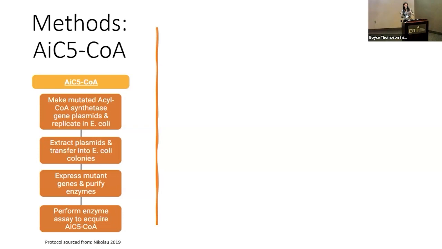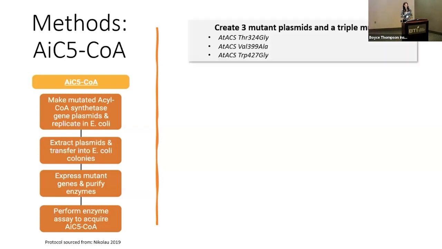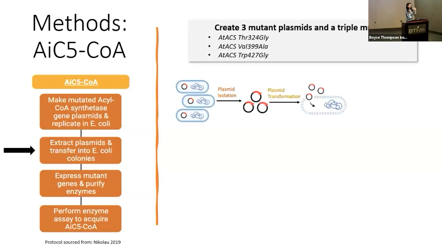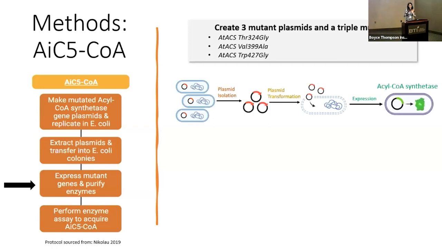And in order to make that product, we had to first make the enzyme that makes that product. So we started with 3 mutant plasmids, and we are going to make a triple mutant as well. This was all based on prior research. And so we first made the plasmids with the mutation, put those mutations in E. coli so that they created a lot of these plasmids, put those plasmids into more E. coli that actually could express these enzymes, and then we purified those.